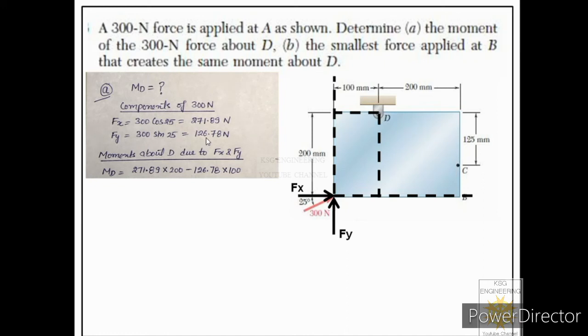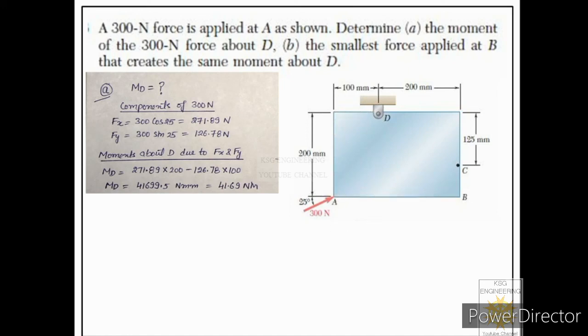So multiply its magnitude by the moment arm, and that will be the moment of the second component about point D. Now let us solve this further. So we'll get the moment of the 300 Newton force about point D. It is 41699.5 Newton millimeters. You can give the answer in Newton meters as well. It's your choice. Now let us solve the B part of this problem.